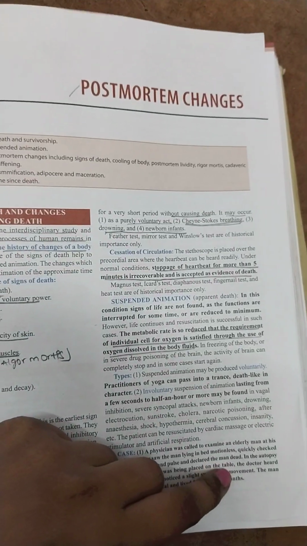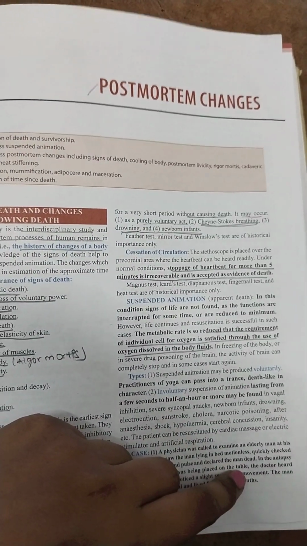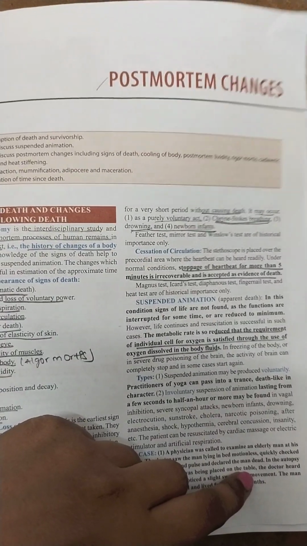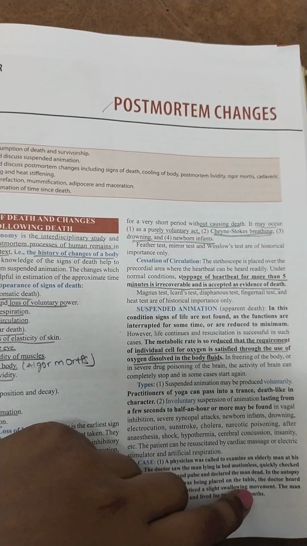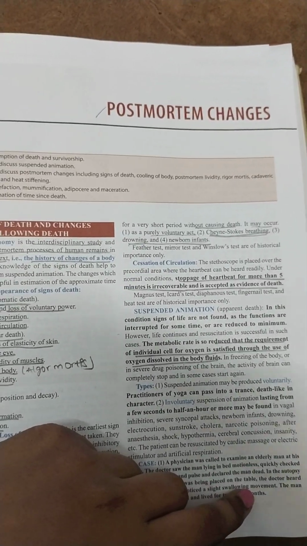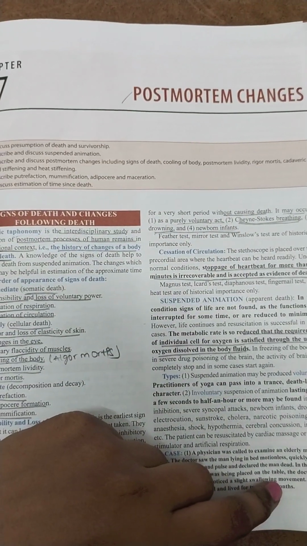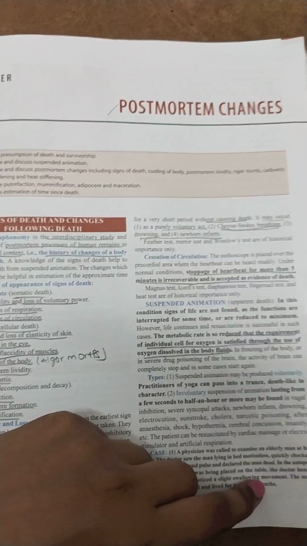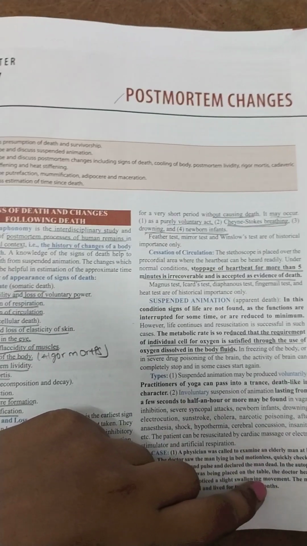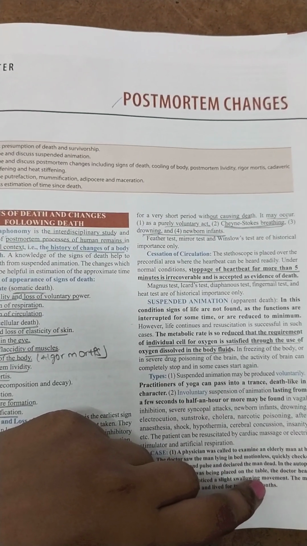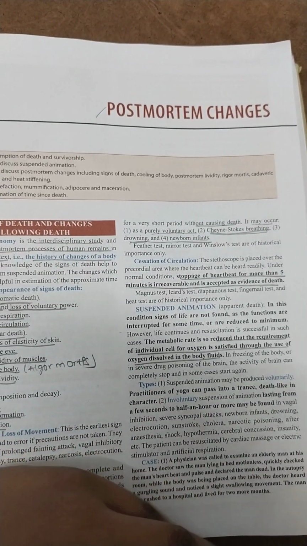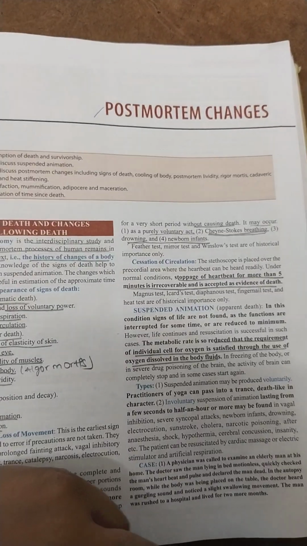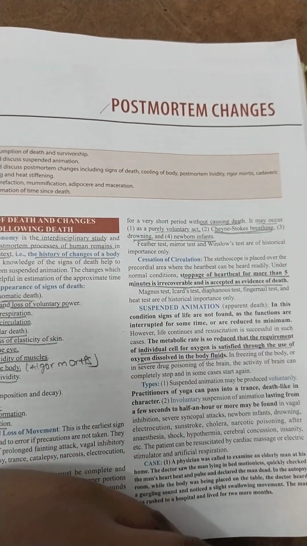And involuntary suspension of animation lasting from a few seconds to half an hour or more. It may be found in vagal inhibition, severe syncopal attacks, newborn infants, drowning, electrocution, sunstroke, cholera, narcotic poisoning, after anesthesia, shock, hypothermia, cerebral concussion, insanity, etc. The patient will be resuscitated by cardiac massage, electric stimulator or artificial respiration.